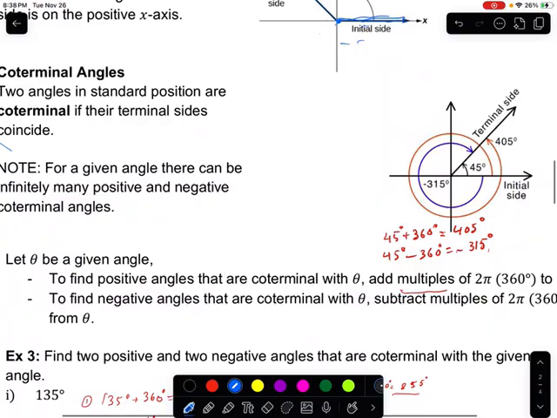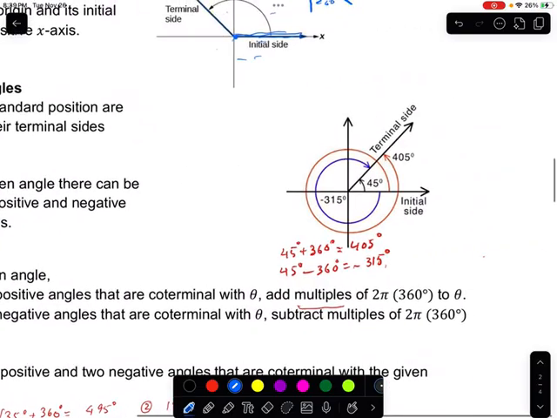For example, here on the side, you can see the angle 45 and the angle negative 315. Their terminal rays are coinciding. Also, for the angle 405 degrees, the terminal ray is the same as that of 45 or negative 315.